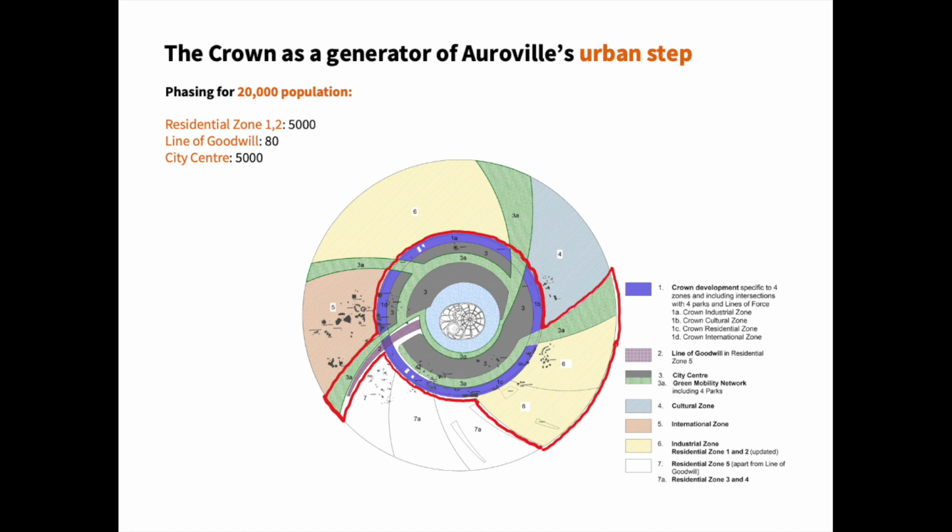That's why the crown is so important to do now, because if you only develop this red area that I marked, if you have the line of Goodwill, you solve the problem of Auroville's entrance and the visitors to Matri Mandir, and house 8,000 people. If you do residential zones, sector 1 and 2, where there's already a lot of infrastructure, you have 5,000 people there.